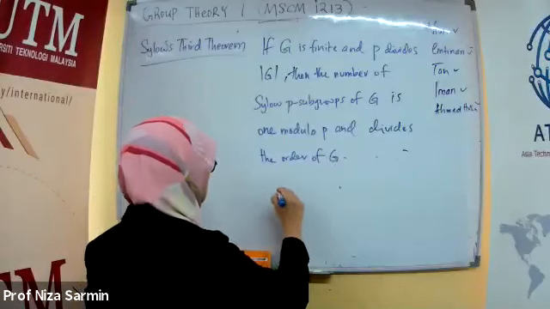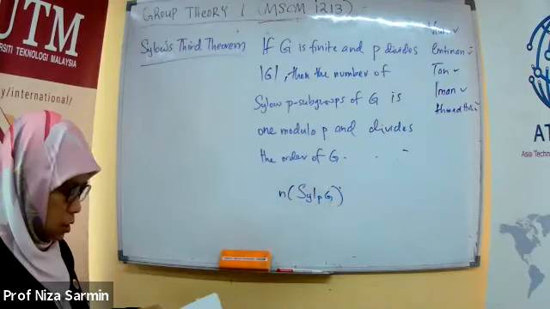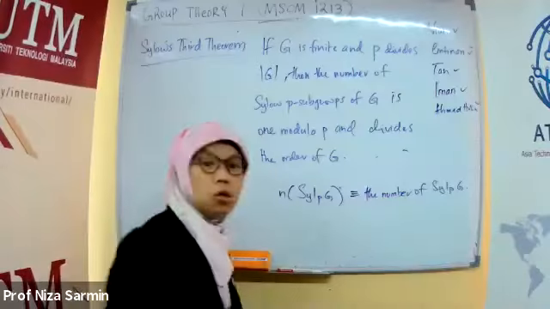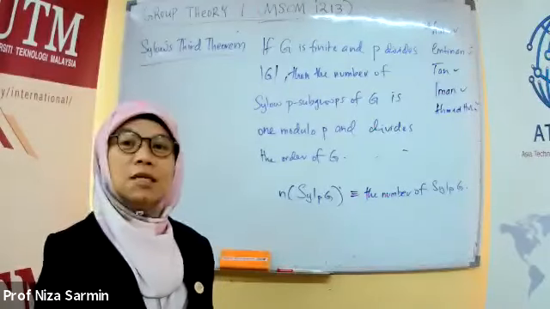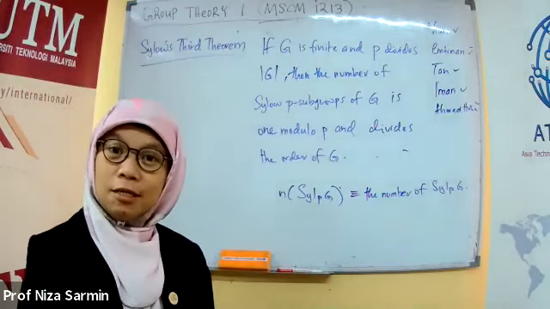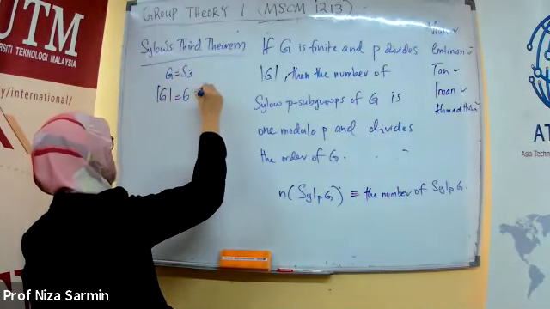We will use the notation. The notation of the number of Sylow P of G is this. So just now, G is S3, right? So it is finite, and the order is 6, which is 2 times 3.